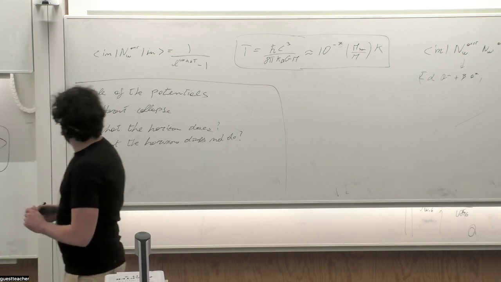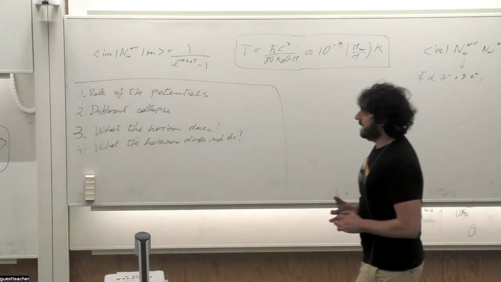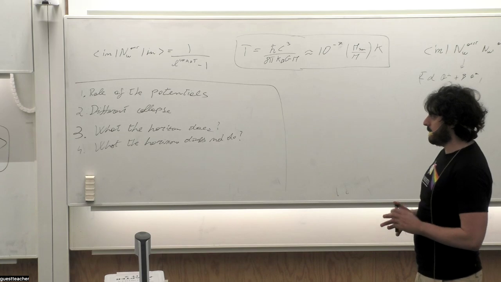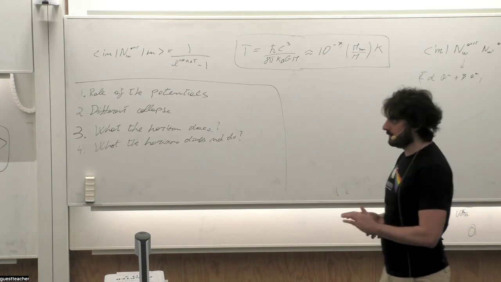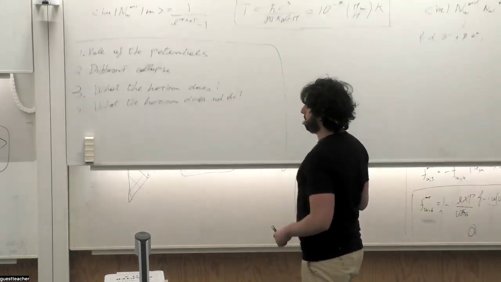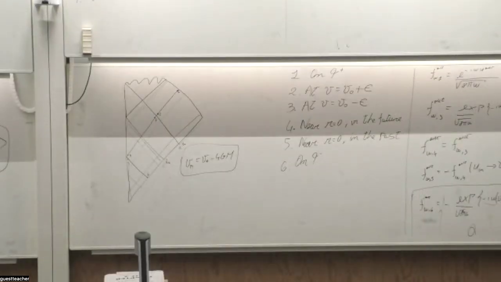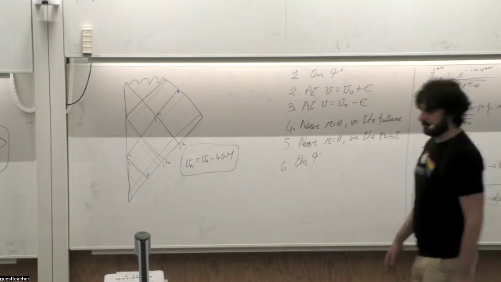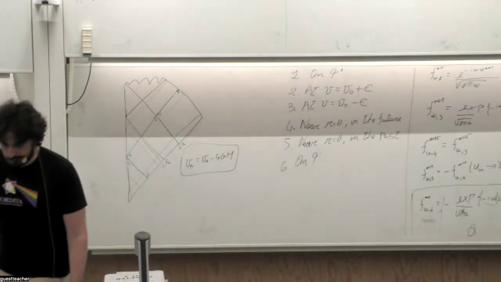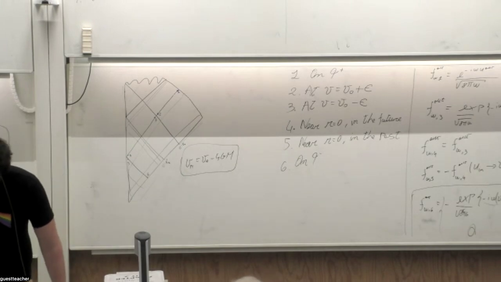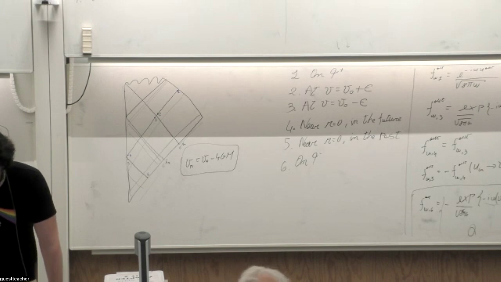Okay, 15 minutes. So let's start from the role of the potentials. Will the result be the same if you had the complete expectation value of n in the out vacuum?